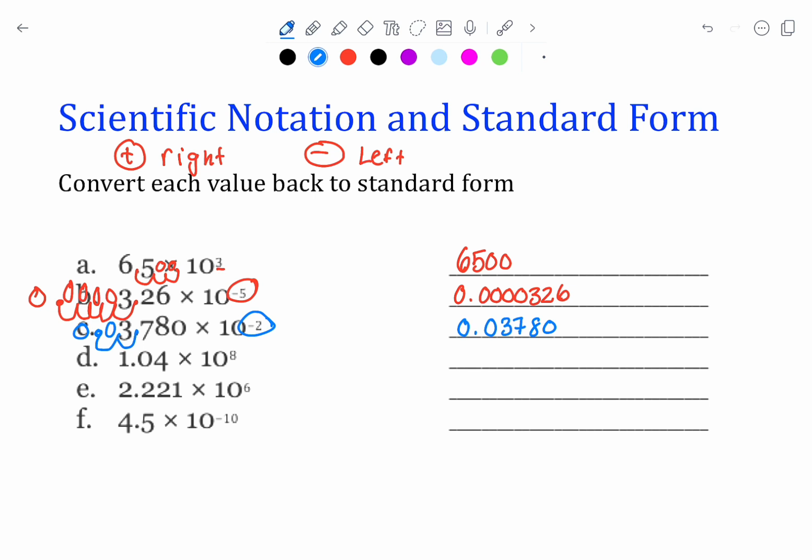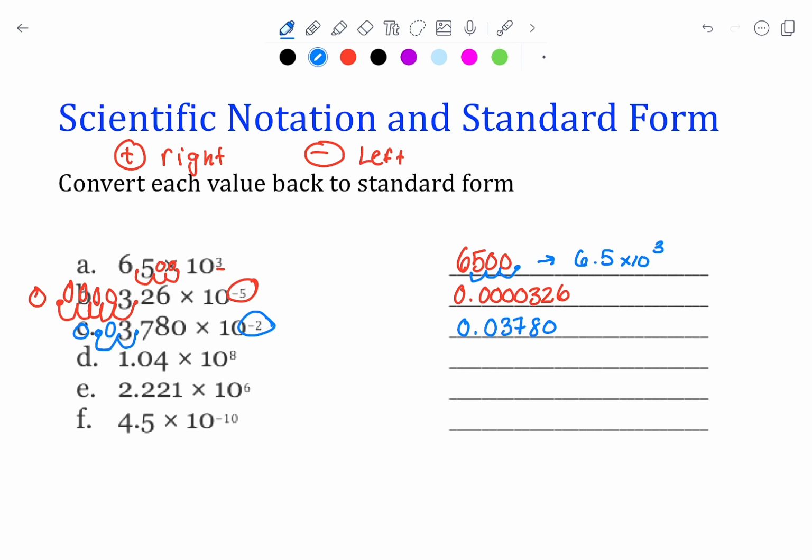So let's take 6,500. My decimal is here. 1, 2, 3 to make a number that is between 1 and 10. So we get 6.5 times 10 to the 3. Because now that I'm going from standard form to scientific notation, if I move my decimal to the left, it's a positive exponent.